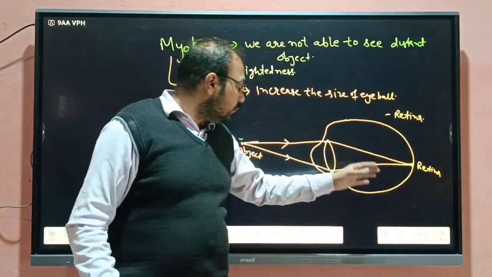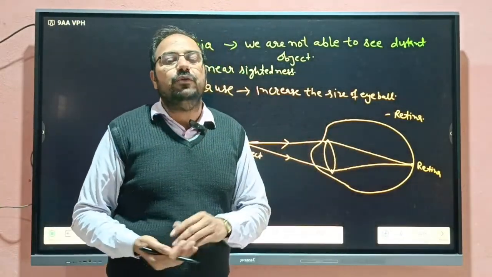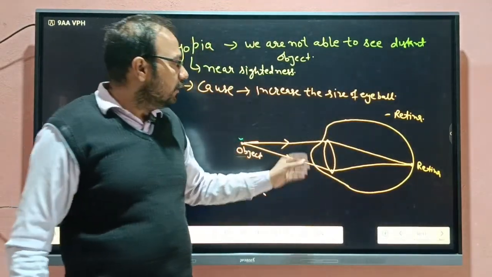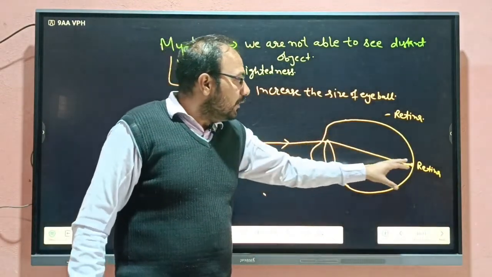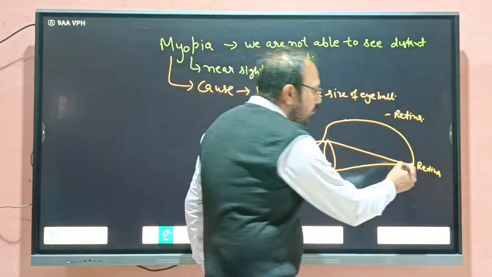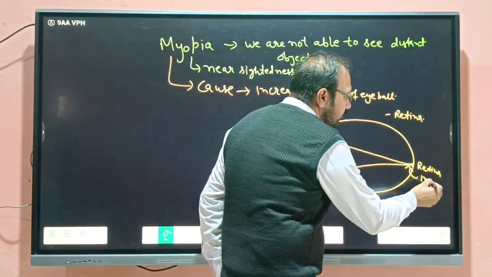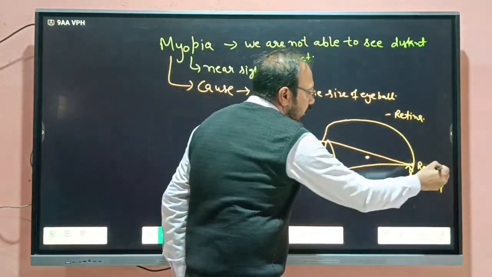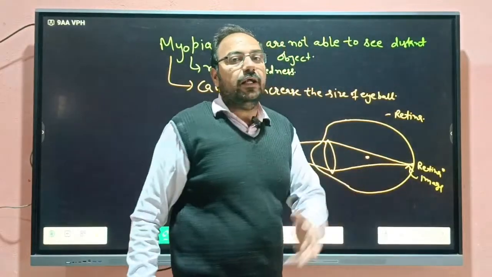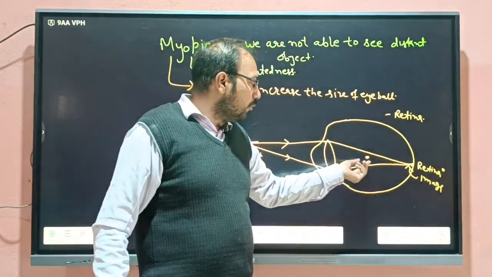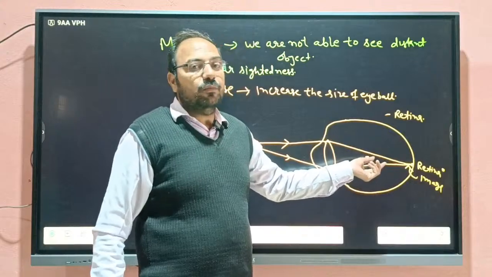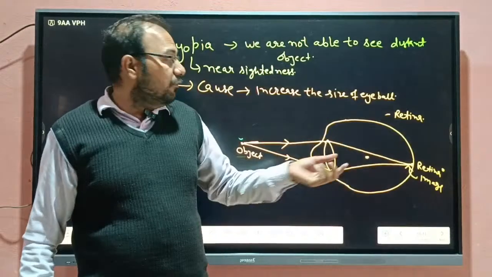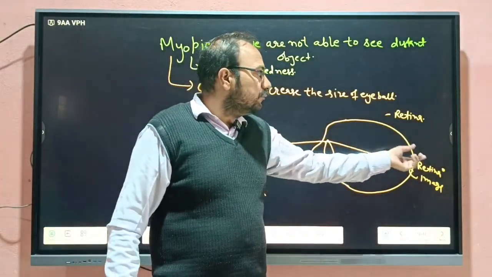So the object is formed at the retina, but what actually happens when the ciliary muscles are not able to change the size of this lens? This image forms here or here, but not at the retina. It forms in the center part of the eye, in the vitreous gel, above the retina.